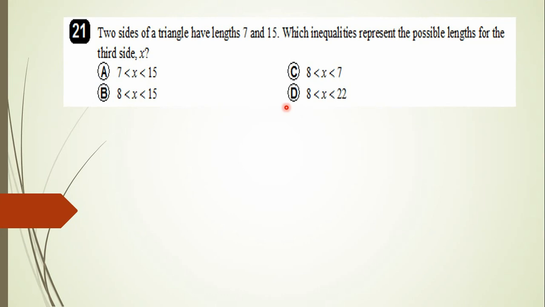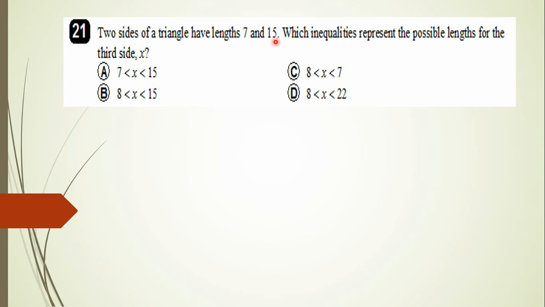For any triangle, we have the inequality. If we have two sides, what are the possible values of the third side to be a side of a triangle? For example, if we have two sides, 7 and 15, what is the possible value of the third side?